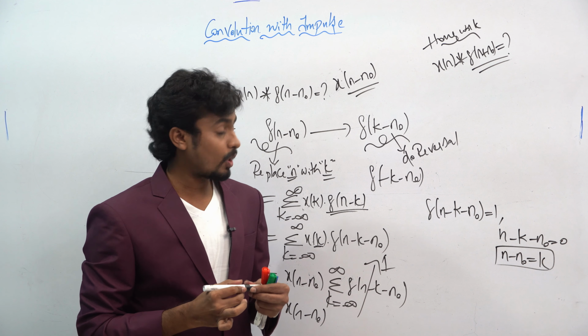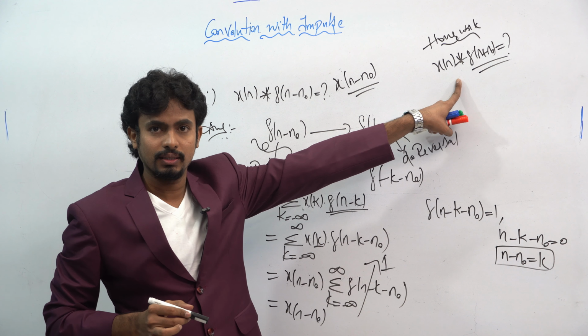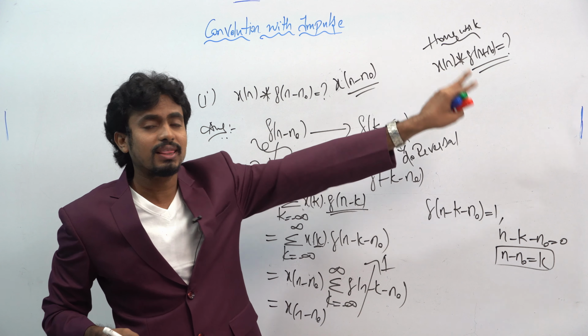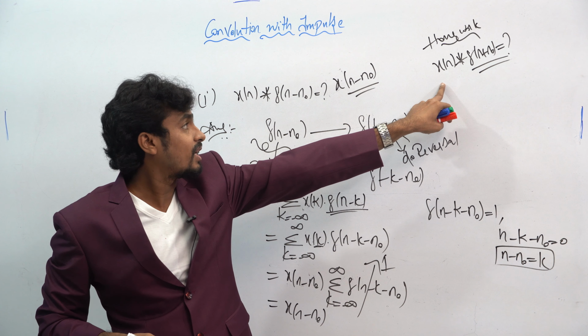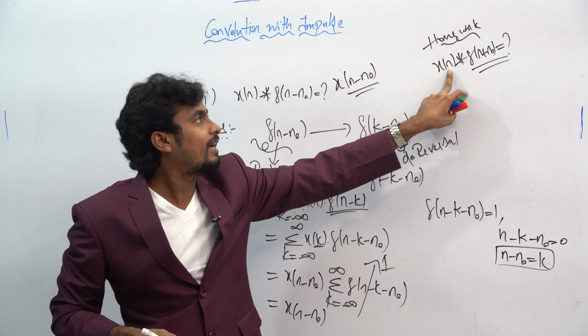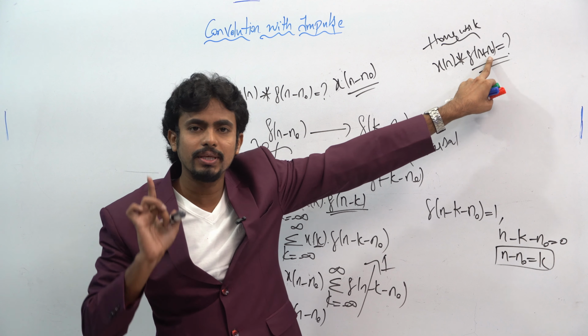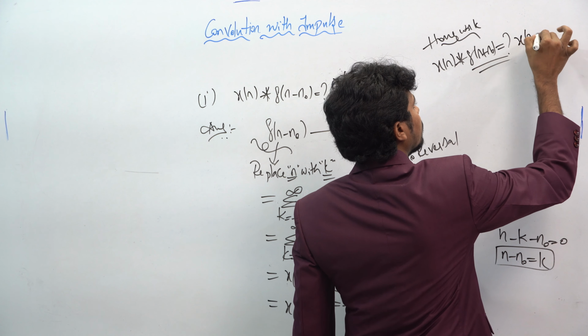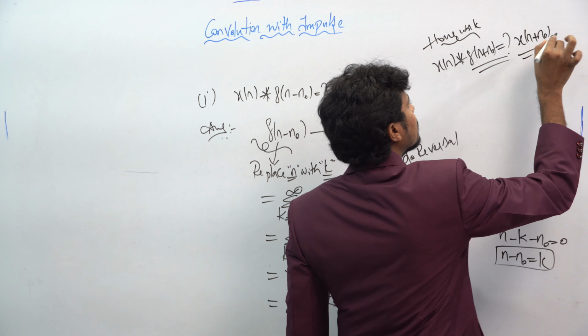You can take this as homework. You don't need to do this many steps; you can tell the answer directly. The answer is x of n plus n naught.